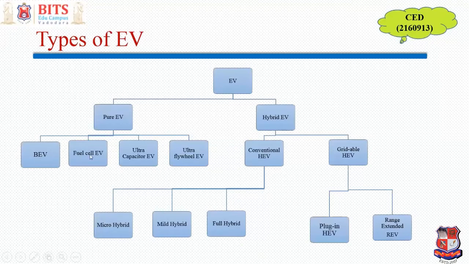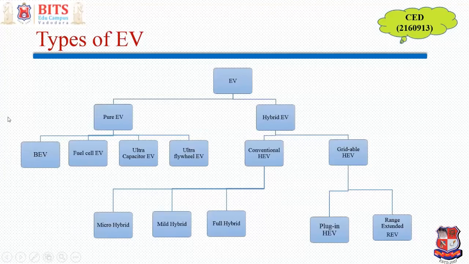Fuel cell electric vehicles, where a fuel cell is used to produce electricity which then runs the motor. Then you have ultracapacitor electric vehicles, which have batteries plus ultracapacitors, run by an electric motor. Then ultra flywheel electric vehicles, where flywheels are there with the batteries and are used to run the electric motor. So these are all pure electric vehicles.